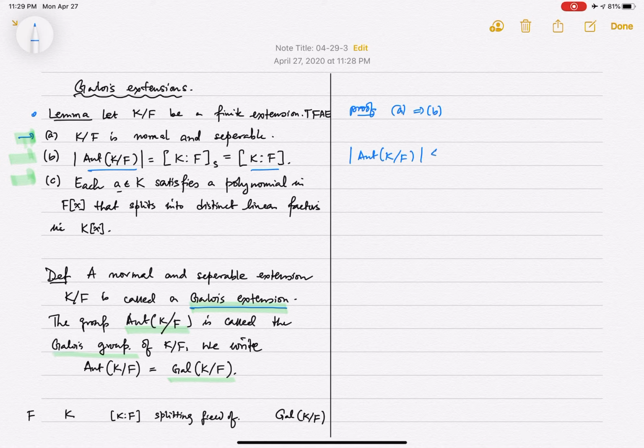This number is always less than or equal to this number, which is always less than or equal to that number. This we know already from stuff we talked about in separability.